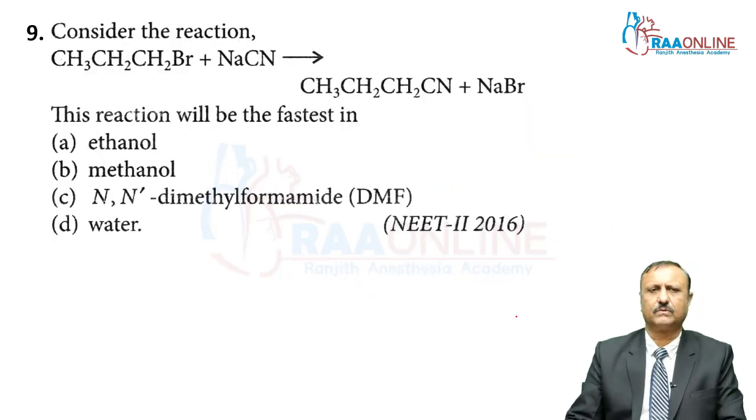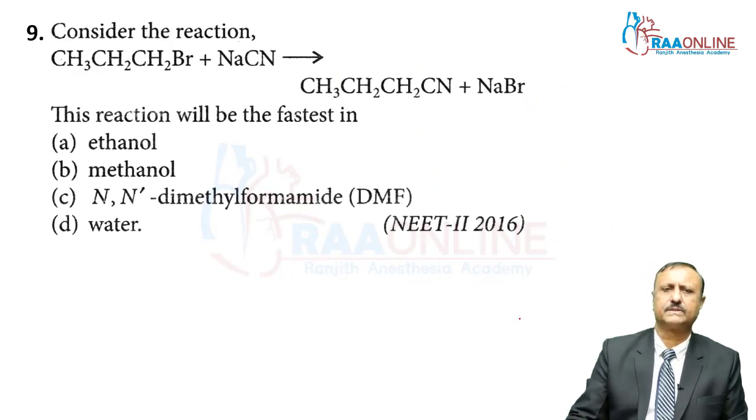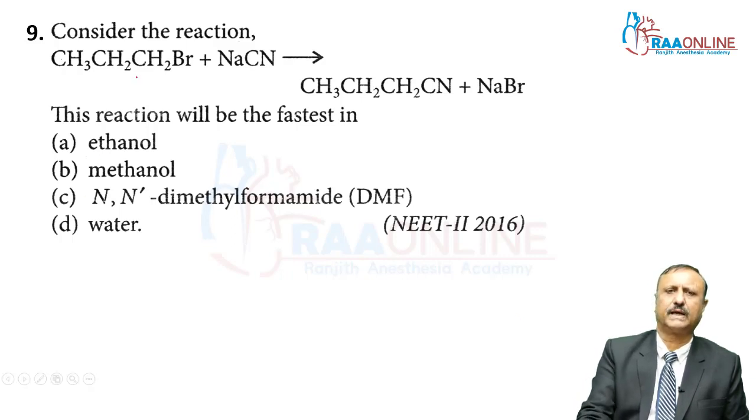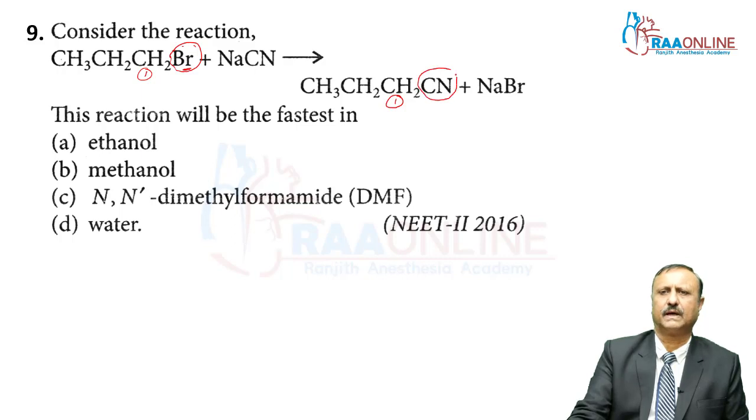Now my dear students, we can go to question number 9. Consider the reaction CH3CH2CH2Br plus NaCN to give CH3CH2CH2CN plus NaBr. The reaction will be first. In this reaction, my dear students, it is an SN2 type reaction, because here you can see this carbon atom, number 1 carbon atom, has bromide, and here you can see the cyanide group is attached with the replacement of this bromide group.